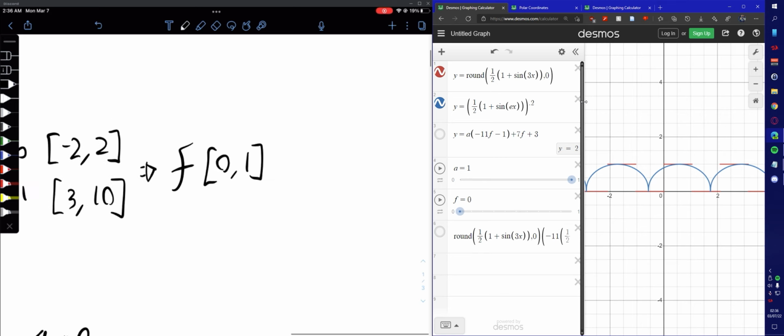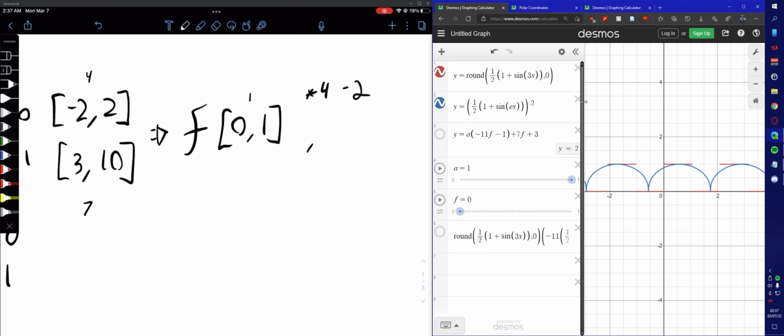So for this, we have a range of 1 and a range of 4. Which means we need to multiply by 4, and then we get 0, 4. We just need to subtract 2. Similarly, multiply by 7 and add 3.